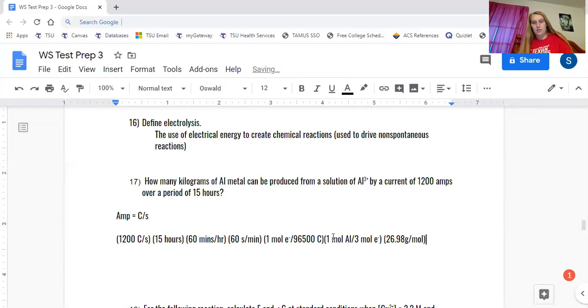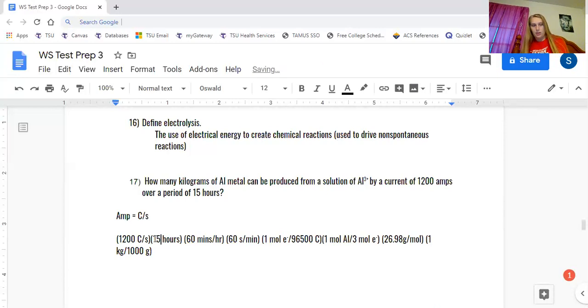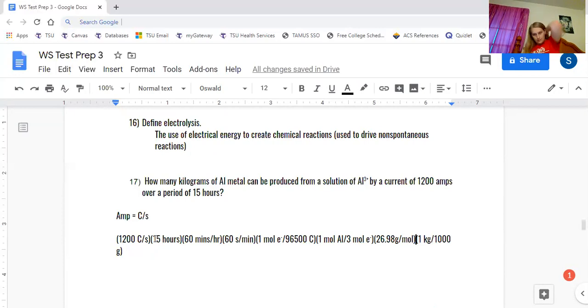Now we have it in grams, and we need to get to kilograms, so we have 1 kilogram per 1,000 grams.